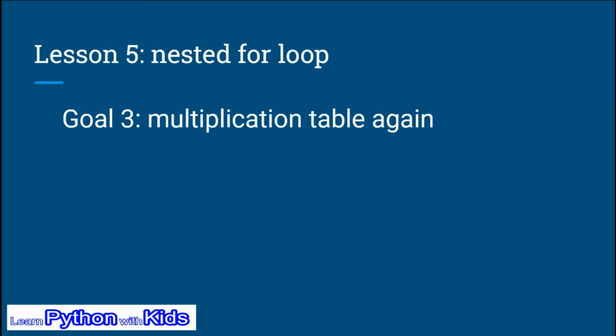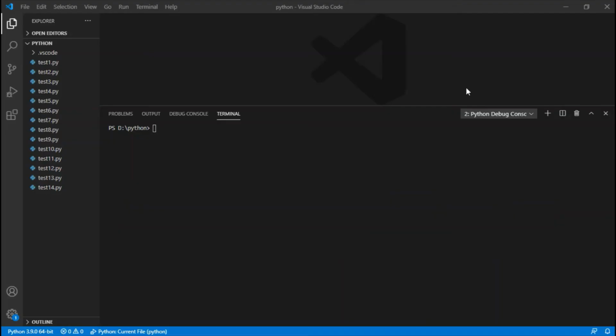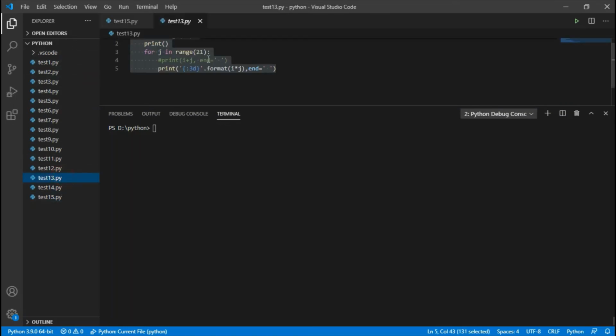I also remember another layout of the multiplication table. It looks like this. I bet you have seen this before as well, right? Let's use our code to print it. Let's create a new file named test15. We can copy the code from test13 as a base.